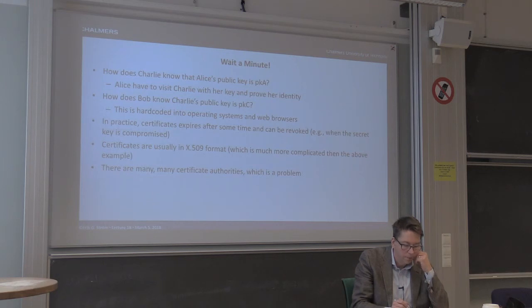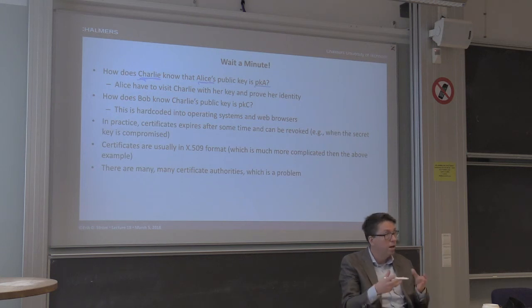No, wait a minute. How does Charlie know that Alice's public key is PKA? The solution to this is that Alice actually has to go to Charlie with her key and prove her identity. But this is a practical solution to this problem.